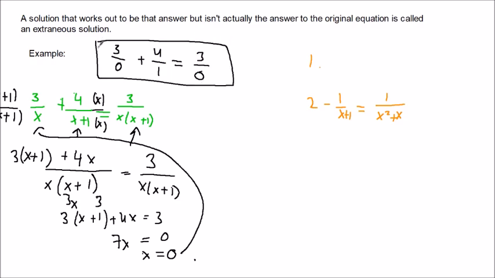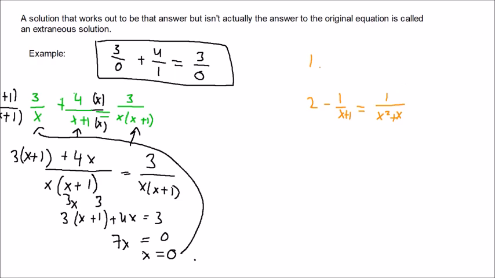Right? 3 over 0 plus 4 over 1 is not equal to 3 over 0. 3 divided by 0 is infinity or negative infinity, according to which side you go to, it's undefined. It's asymptotic. There's no actual solution to this equation, right? So those are the things that you've got to keep in mind when you're solving these equations. Sometimes it doesn't go as nicely as you want it to go.